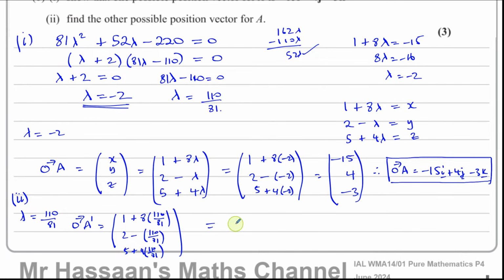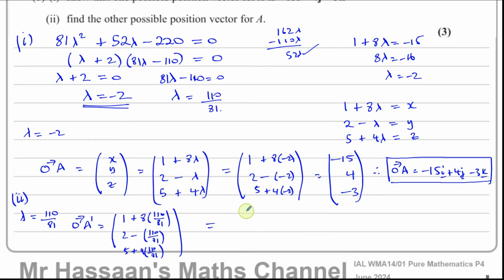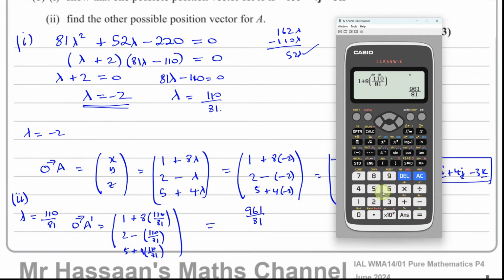So I'm just going to use a calculator for this. All right, so take the calculator out. Where's it going? It's disappeared. All right, so we have 1 plus 8 times 110 over 81. I don't know why they have to give such an unfriendly fraction. That's 961 over 81. Okay, and then 2 minus 110 over 81 is 52 over 81.